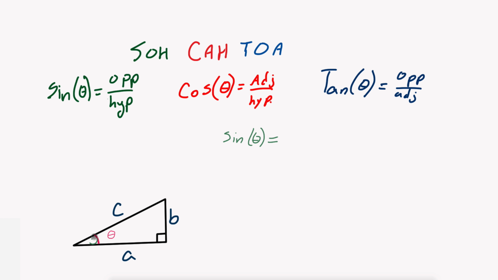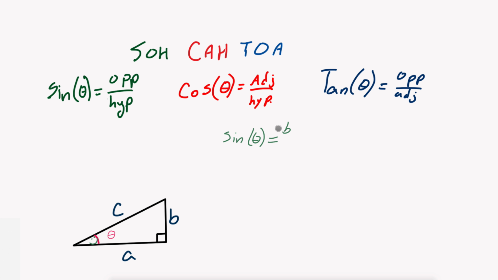So that is you, and you're happy because you're doing geometry. You may not be happy, but I'm going to draw you happy. All right, so opposite you, that is where you are looking. When you are looking opposite you, it is going to be across, and it is going to be B. So sine of theta is across from you, and that is going to be, in our demonstration, B.